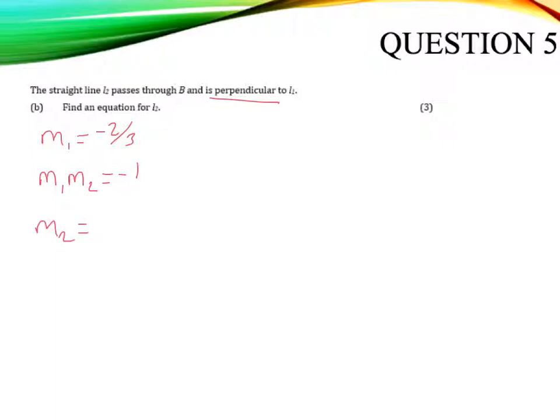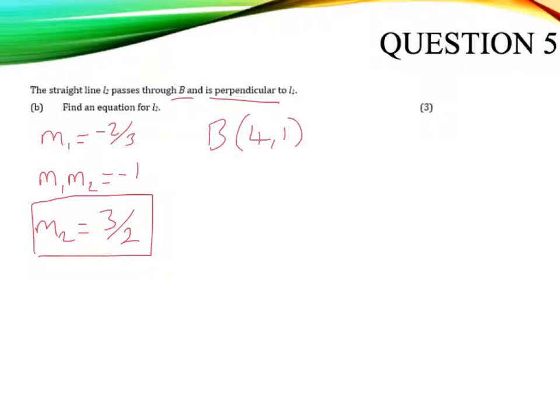And again, you will have seen on several occasions before that you take the negative reciprocal of this value. So these two things multiply together to give me minus 1. m2 is 3/2. Now we also know that it passes through the point B, and the point B in our question was (4, 1).